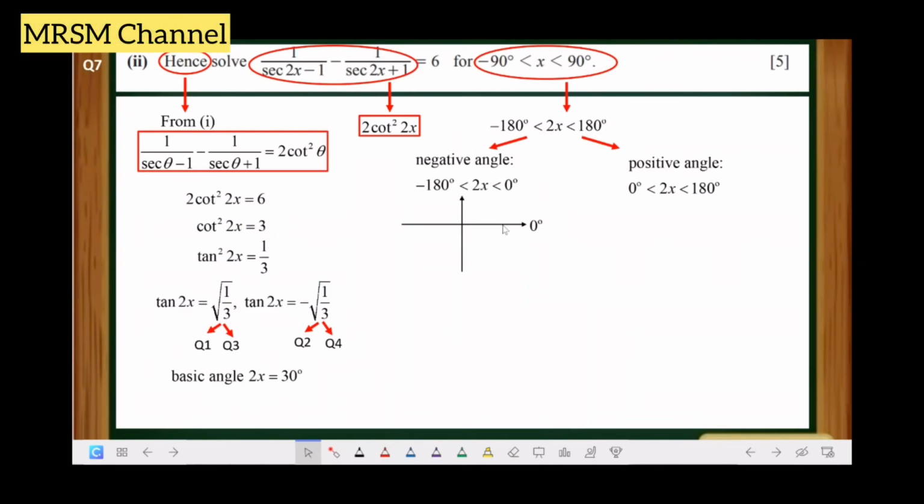Bila dia negative angle, maksudnya dia ke bawah. Sampai sini is negative 180. Okay, so bila kita jalan from this point dekat x-axis ni, positif, you move clockwise direction ke bawah sampai sini. Cukup sampai sini negative 180. So the range involved is quadrant 4 and quadrant 3.